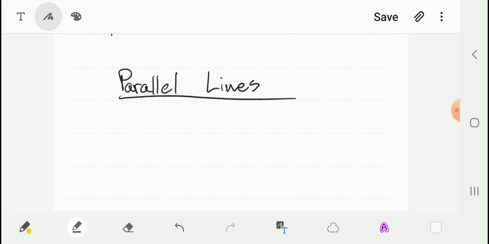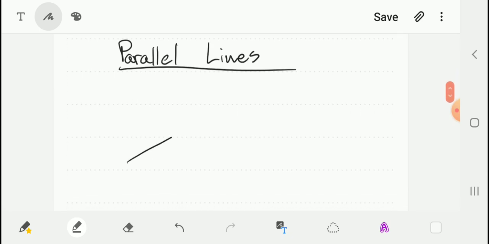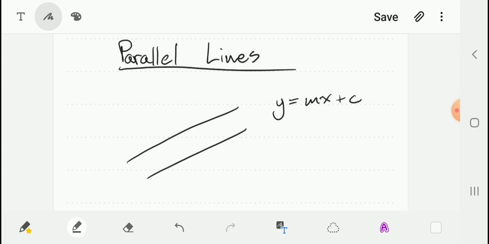Parallel lines. If we have two lines that are perfectly straight and parallel, they're both going to have an equation y equals mx plus c. Let's say this is the first line and this is the second line.